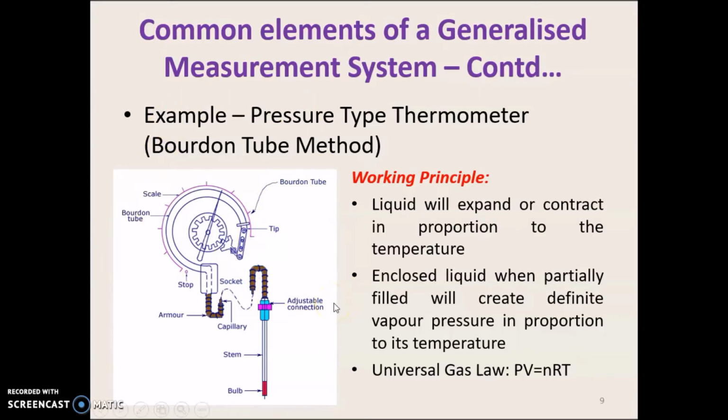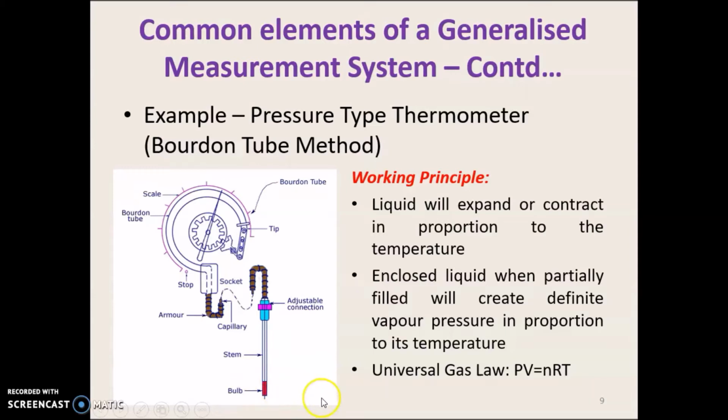Okay, I am repeating again. Consider a beaker with some liquid whose temperature is to be measured, and this thermometer is placed inside the liquid, so that this tip is touching the liquid.